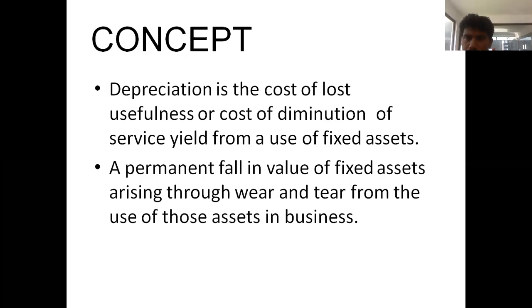About 10,000 you have paid for the mobile at the beginning. After 1 year or 2 years down the line, the value of that product is going to decrease. That decrement value is called depreciation value. Why is it arising? It arises through wear and tear from the use of those assets in the business. So, a permanent fall in the value of the fixed assets.